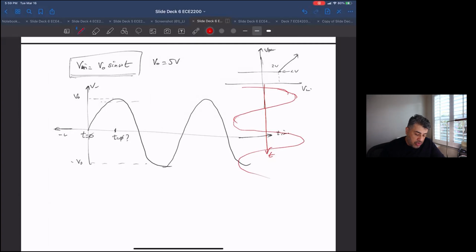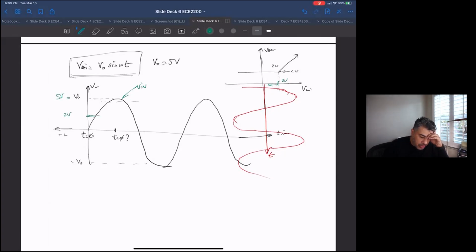So if I was going to draw V out, this is 5 volts, if this was Vn. Anytime Vn is less than 2 volts, V out is just stuck at 2 volts.